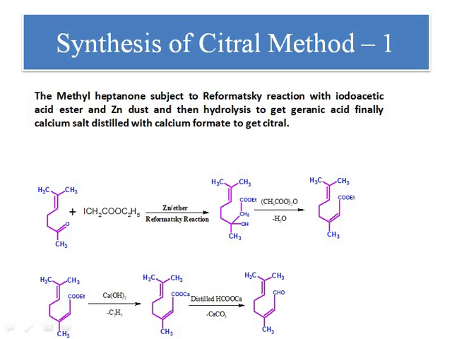With this iodoacetic ester and zinc dust, the product is hydrolyzed to get the geranic acid, right? This is a geranic acid. And finally, the calcium salt is distilled with calcium formate to get the citral, right?